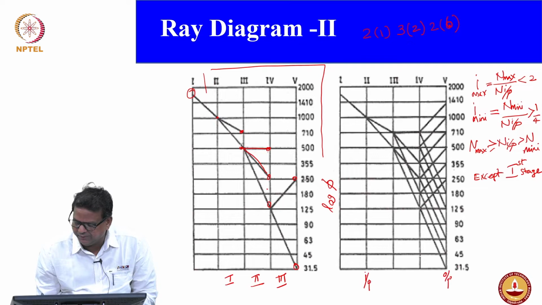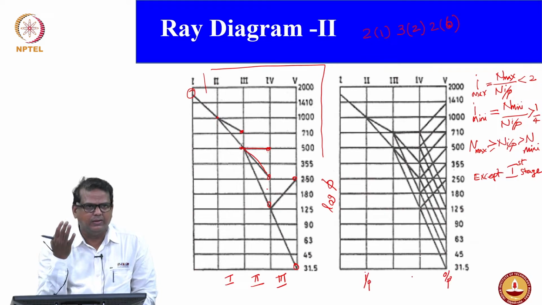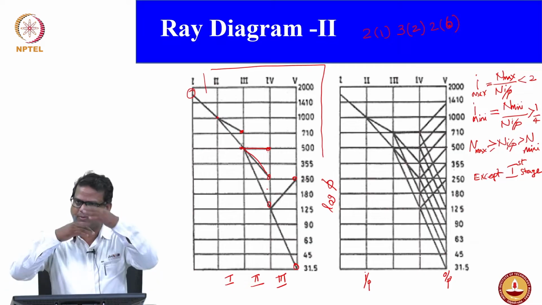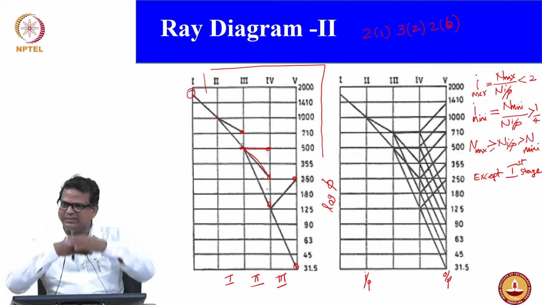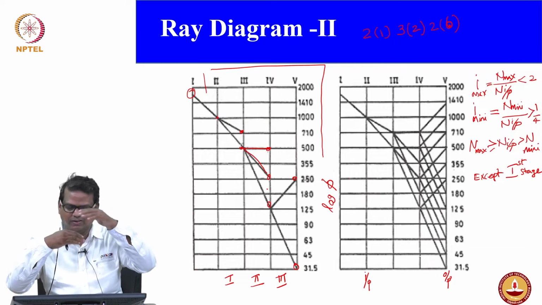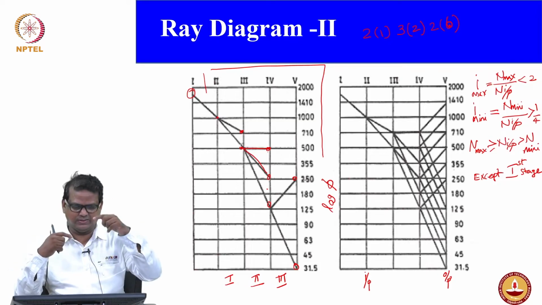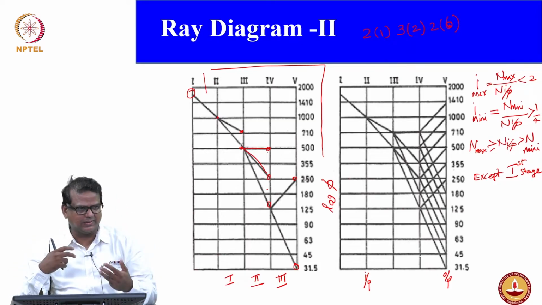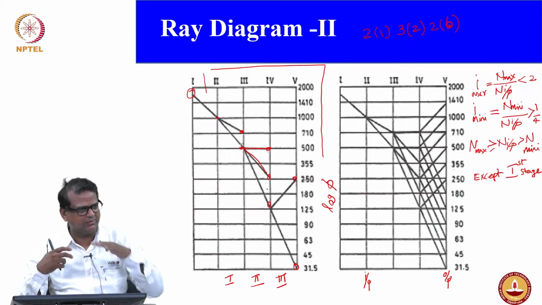In between you have intermediate shafts. In a 3 stage gearbox, you will have 4 shafts, because it has to maintain the center distance. One stage means at least 2 shafts, second stage 3 shafts, third stage 4 shafts. That is the arrangement.